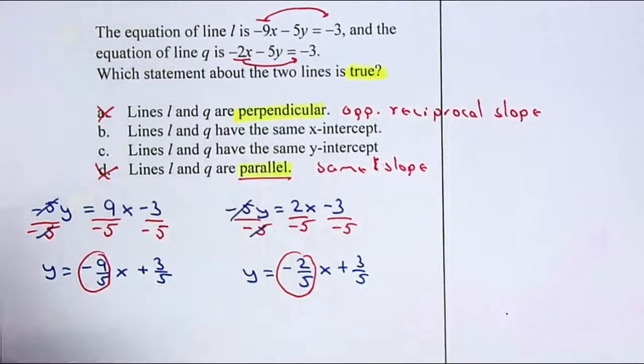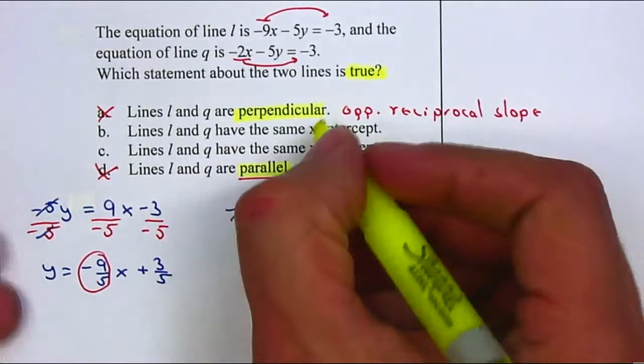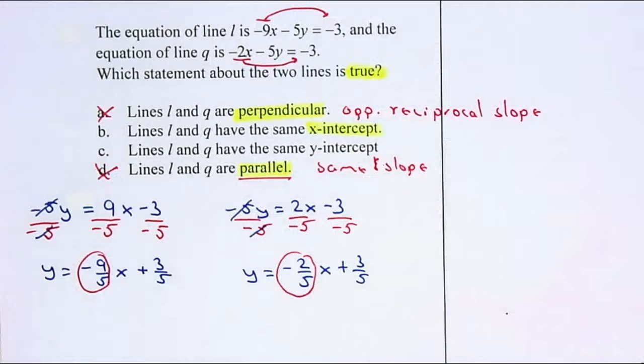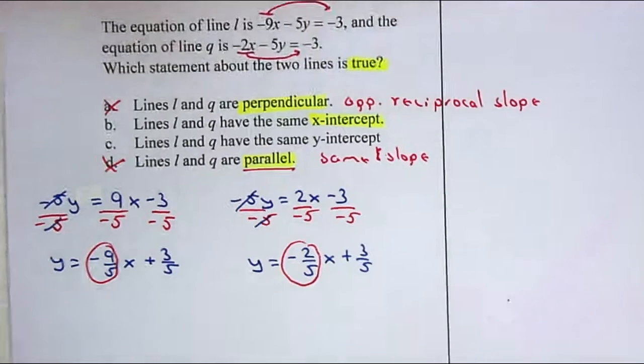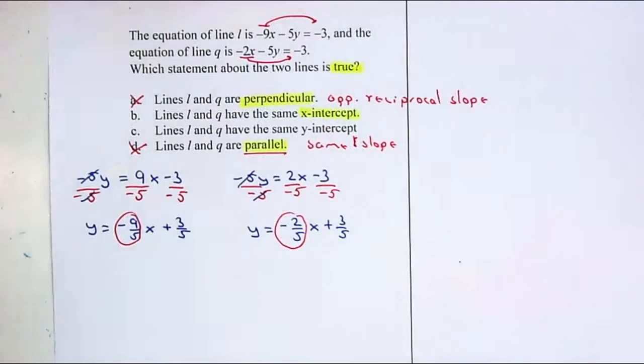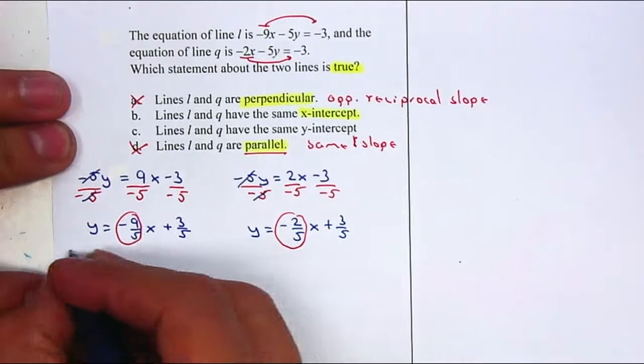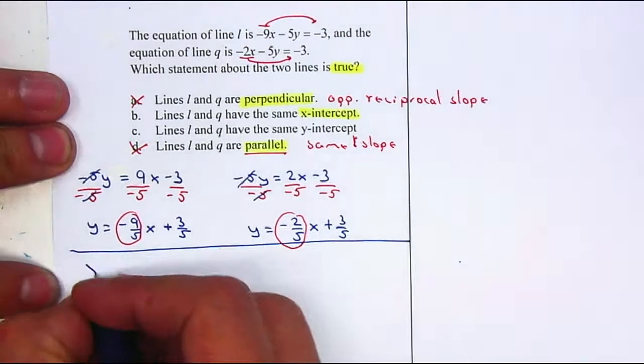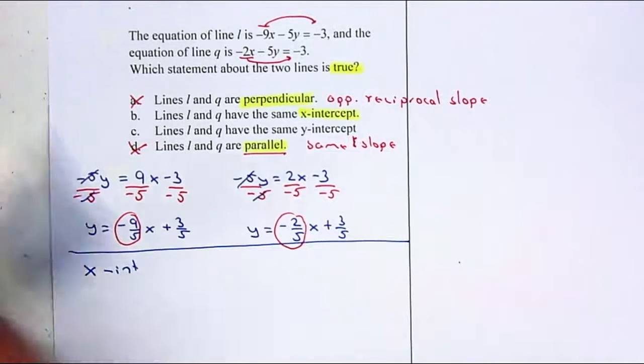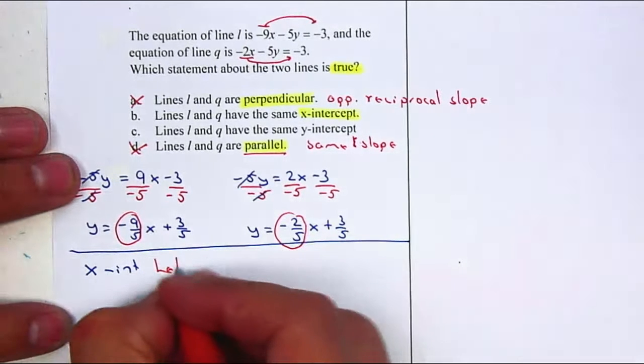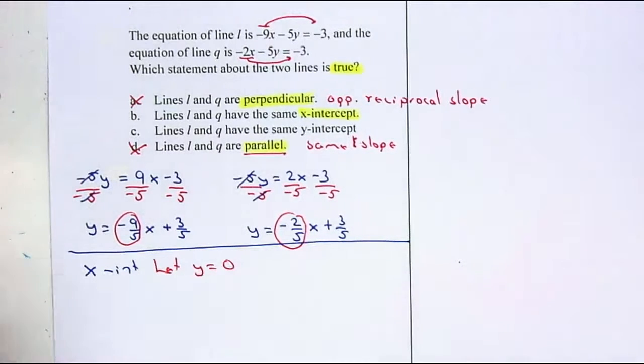Now, to find the x-intercepts, we need to be able to let y equal to 0. So let's go and find the x-intercepts right underneath. We're going to let y equal to 0.